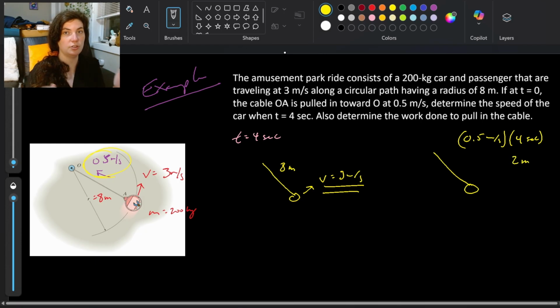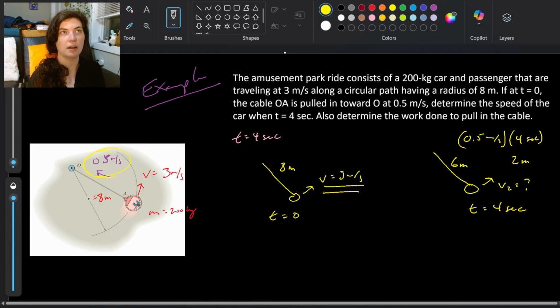So it's lost 2 meters of length, meaning this cable is only 6 meters long now. This is our t equals 4 seconds condition, and we're trying to find what that velocity is.